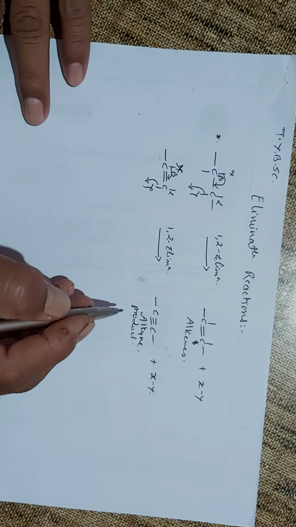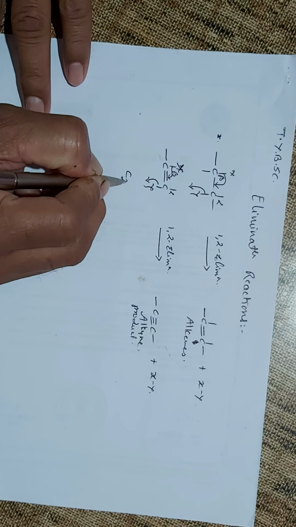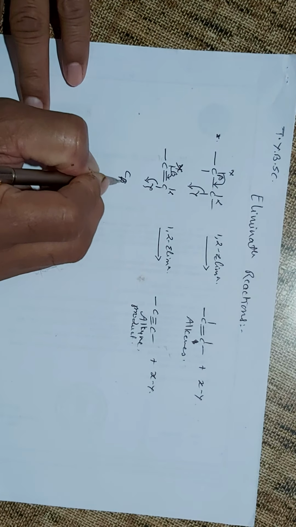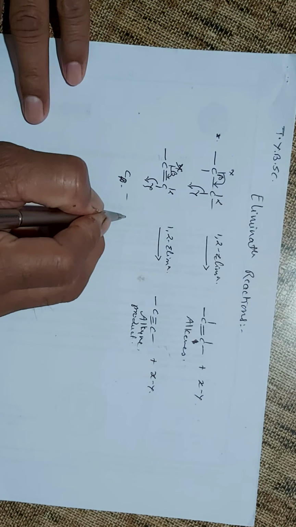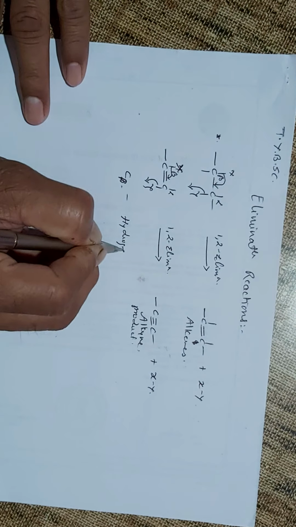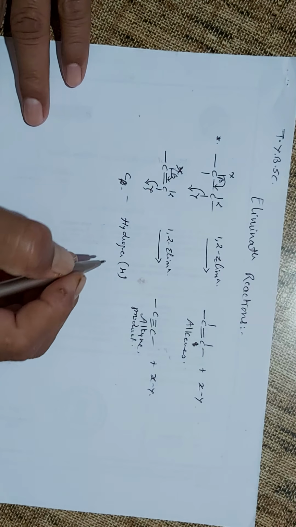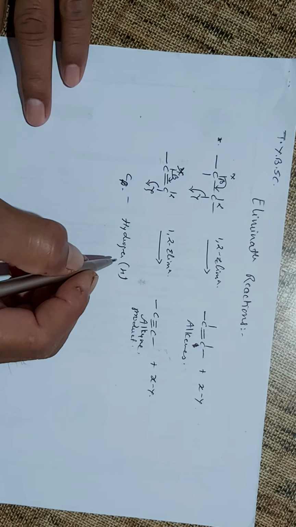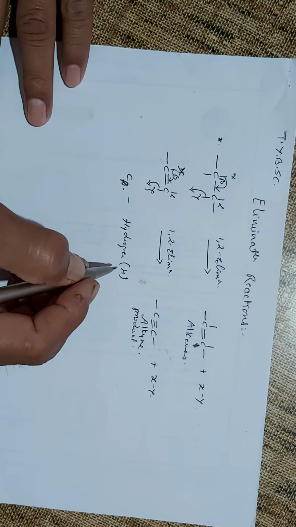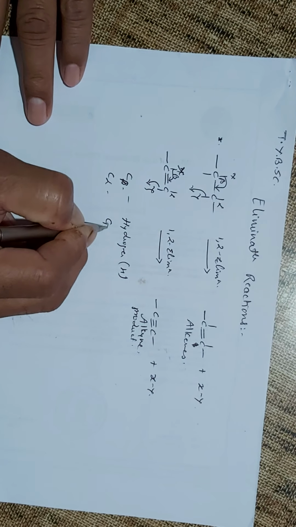The atom eliminated from the beta carbon is often the hydrogen atom, and the atom eliminated from the alpha carbon is often a good leaving group.